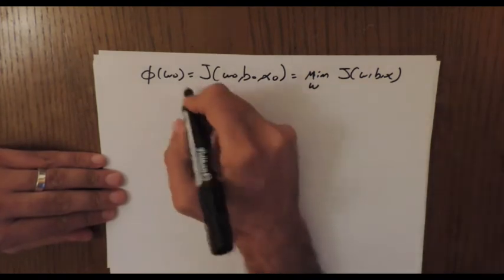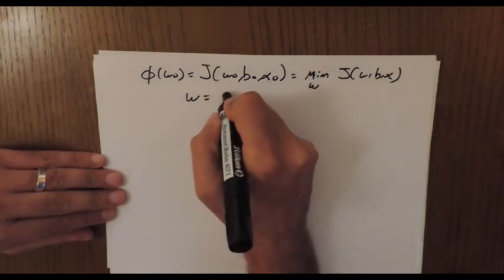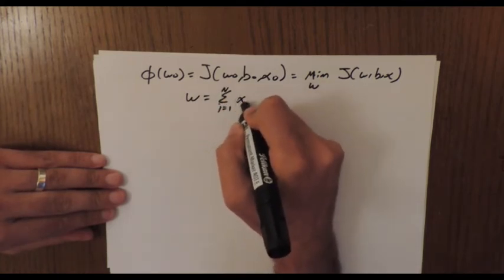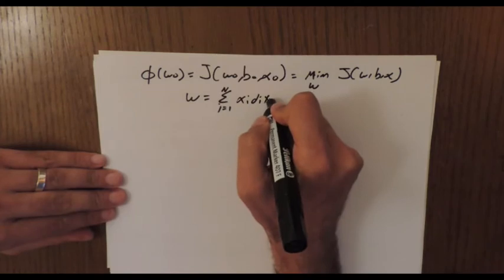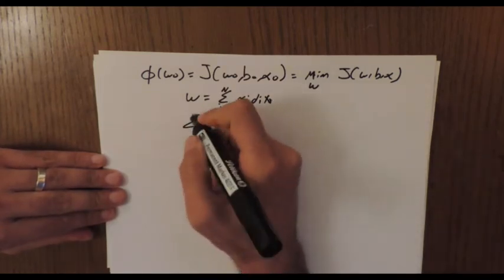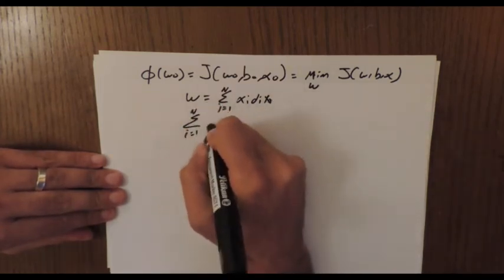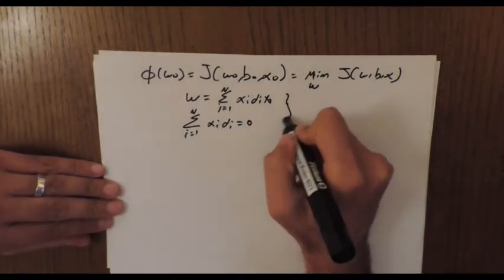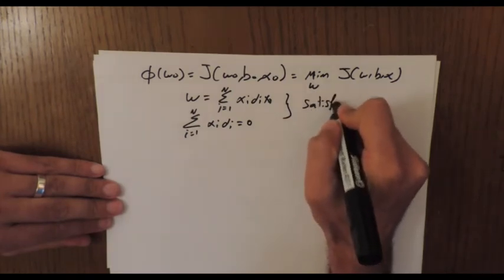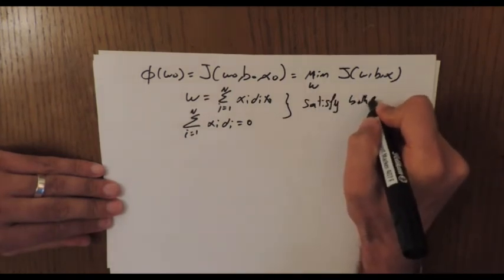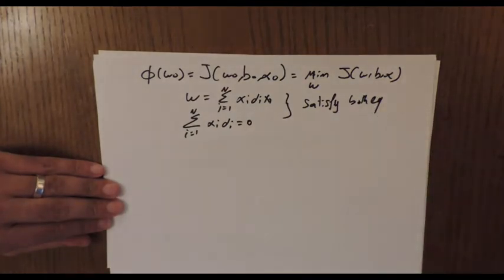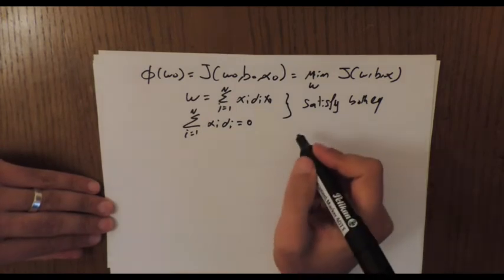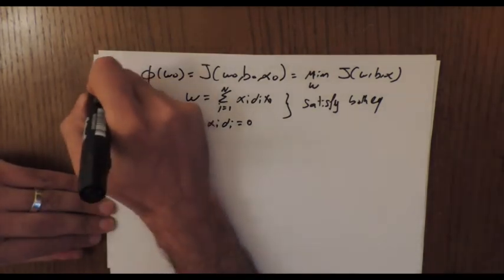And of course we have W equal to summation of I equal 1 to N, alpha I, di, xi, and summation of I equal 1 to N of alpha I, di equals 0. Now our solution should satisfy both equations. Okay, so now constructing the dual, we first try to substitute the values of these inside the primal solution. This is the primal.